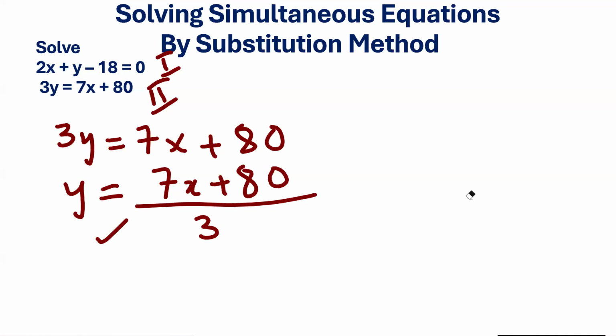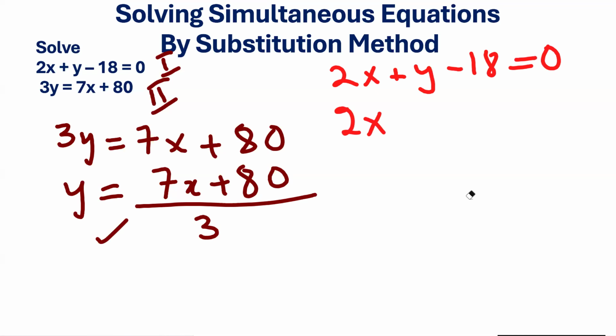Substitute this value of y in equation number 1 to find x. What is equation number 1? It is 2x plus y minus 18 is equal to 0. So what is the next step?